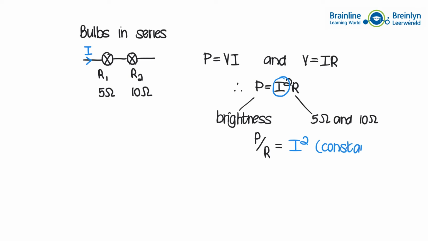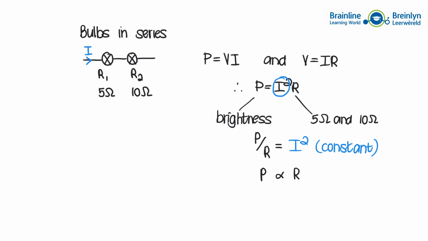From our laws of proportionality, we know the two variables which when divided are equal to a constant are directly proportional. In other words, power is directly proportional to resistance provided that the current is constant.